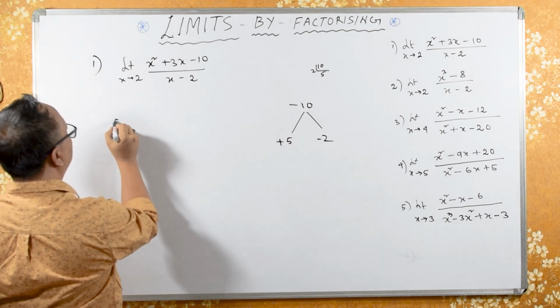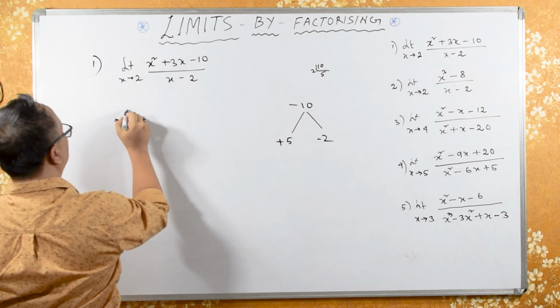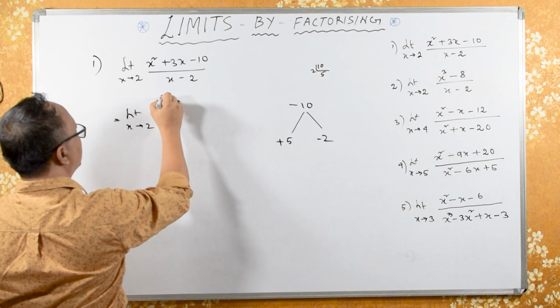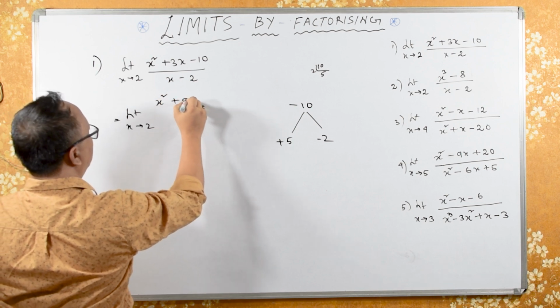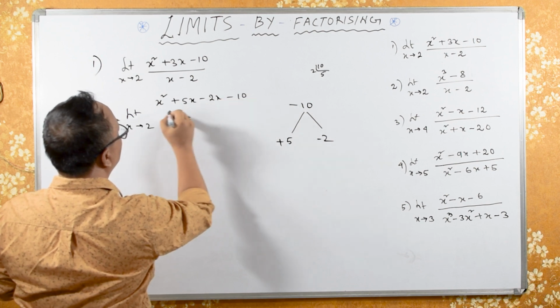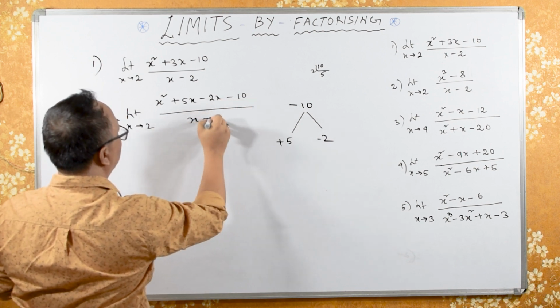This is called factorizing. Limit of x tends to 2, x square plus 5x minus 2x minus 10 upon x minus 2.